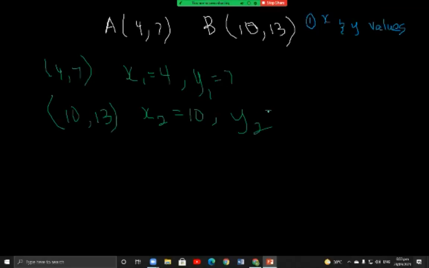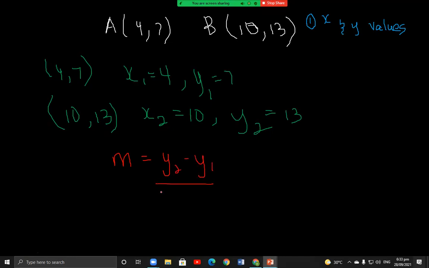Can anybody tell me what's the formula to find the gradient? y2 minus y1 over x2 minus x1. Excellent. Good job.